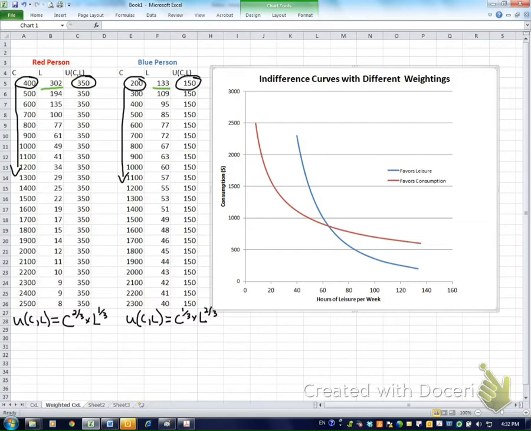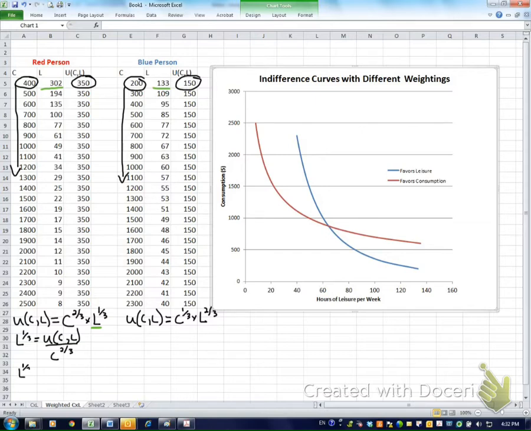So basically I just need to solve this equation for L. So L to the 1/3 is equal to U of C and L divided by C to the 2/3. And in order to get rid of the 1/3 exponent on the left-hand side, I raise it to the third.